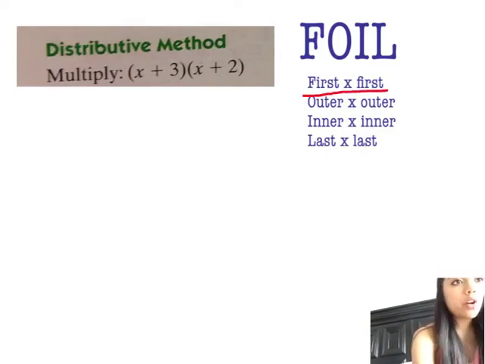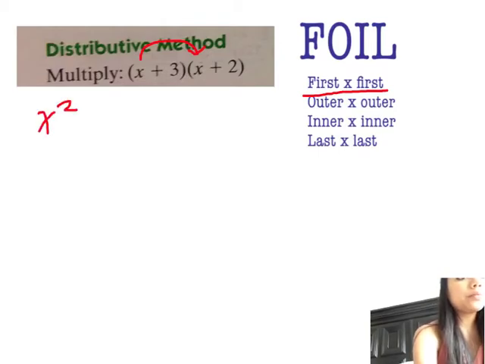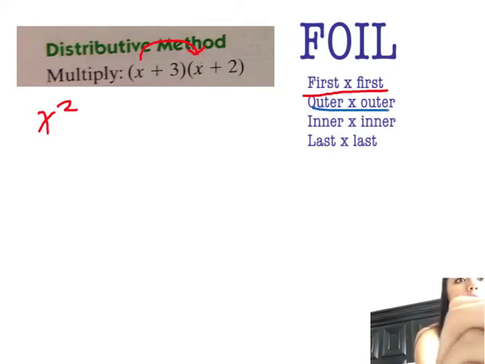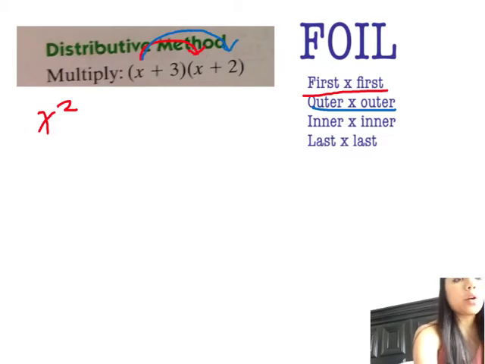So first times first. That means I'm going to be multiplying my first number times my first number of the binomial. So x times x is x squared. Then I'm going to do outer times outer. So I'm going to do x times 2, because those are my two outer ones, is 2x, and it's positive, so I'm going to put a plus 2x.